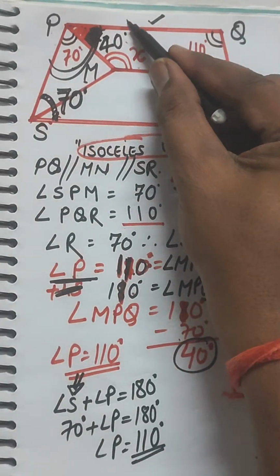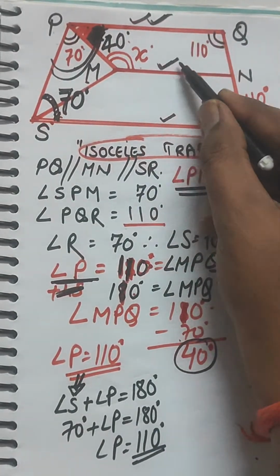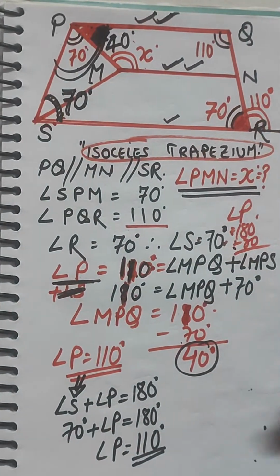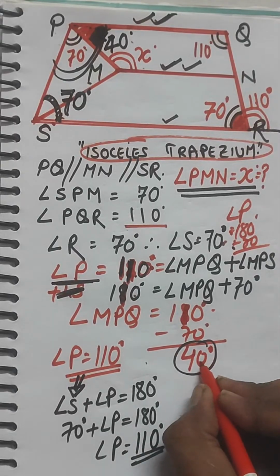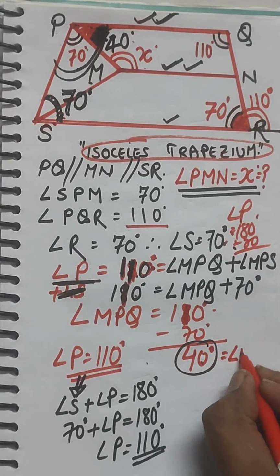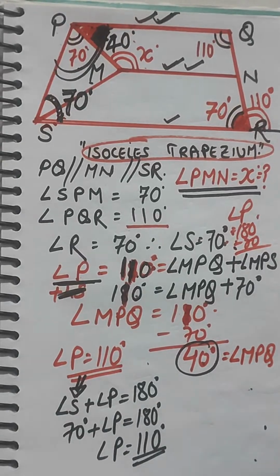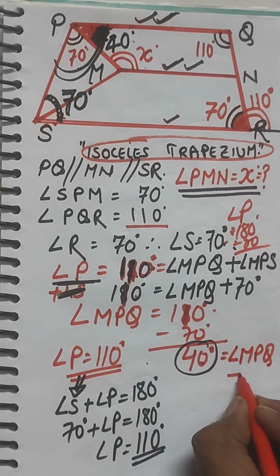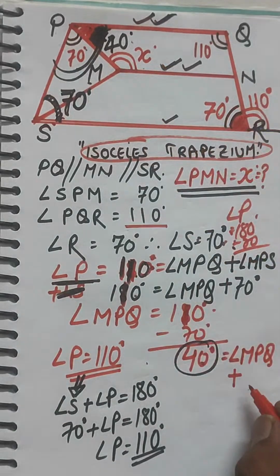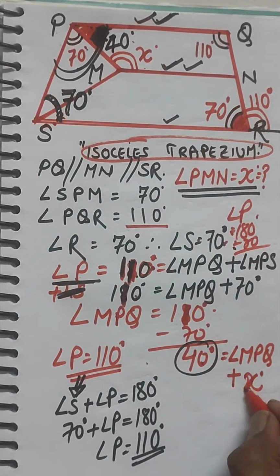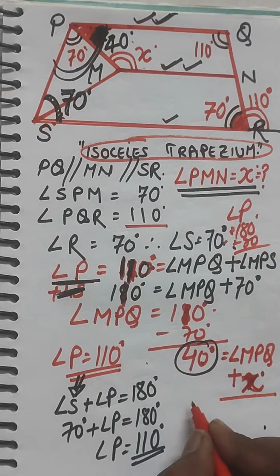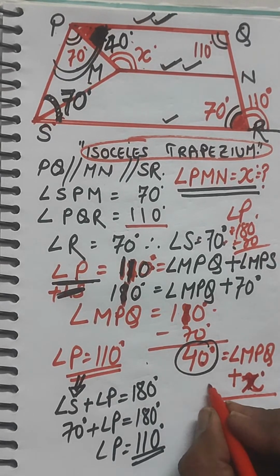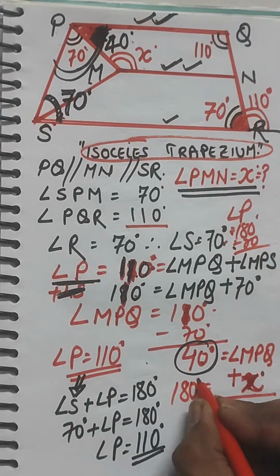Because this line PQ is parallel to line MN, right? So we can write this 40 degree, that is the measure of angle MPQ, plus this X degree will add up to give you 180 degree, right?